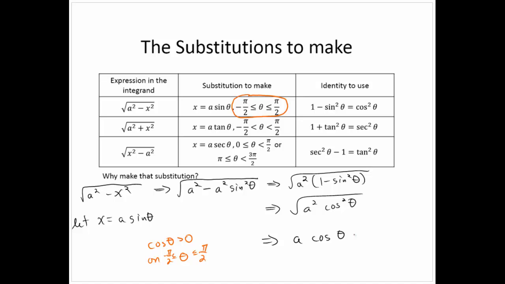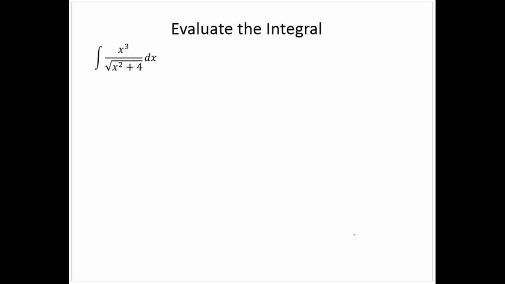Alright, so let's see an example. We are asked to evaluate the integral of x cubed over the square root of x squared plus 4 dx. Since I see that square root of x squared plus 4, well, that's x squared plus 2 squared. So I'm going to make the substitution.